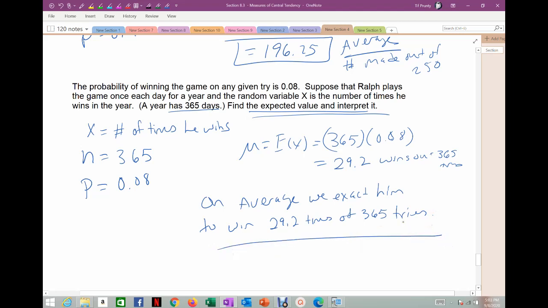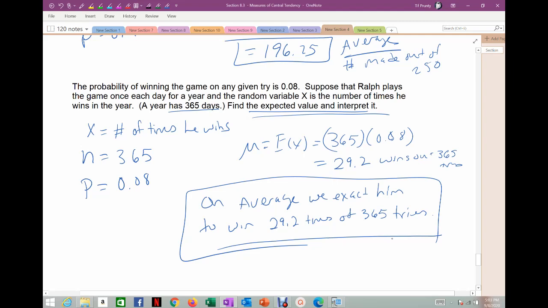Alright, again, 0.2 because suppose he does this every year for 10 years. Some years he's going to win more than 29 times. Some years he's going to win less than 29 times. On average, it should average out to 29.2 wins out of 365 days, out of a year. Alright, and so that's the expected value. And so that finishes up 8.3.